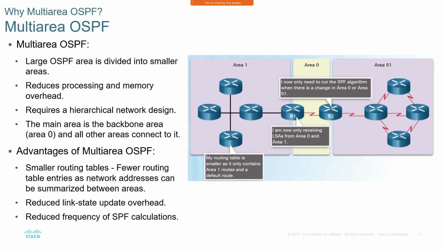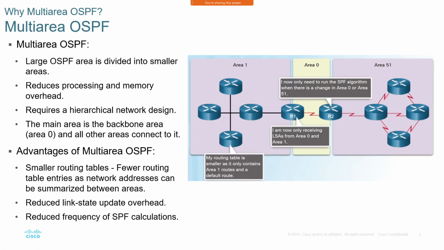So instead of router 1 advertising all the networks it received from all the routers in area 1 individually, it can take all of these routes and advertise them as a summary address. If you remember, a summary address is when we take multiple networks and combine them into one summary network that represents multiple networks.